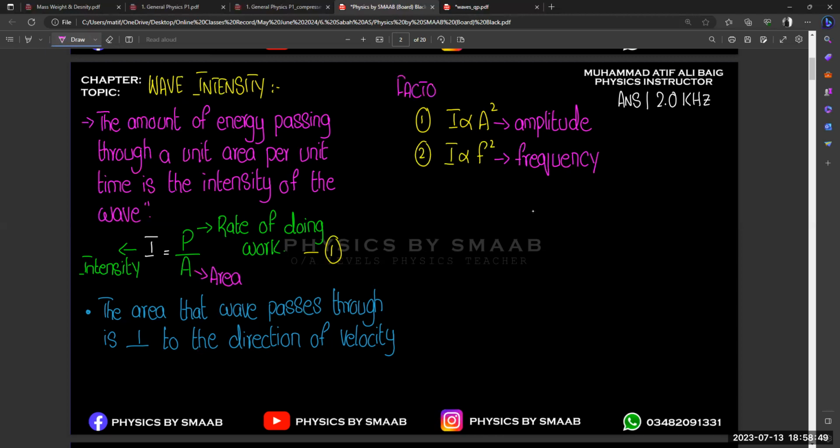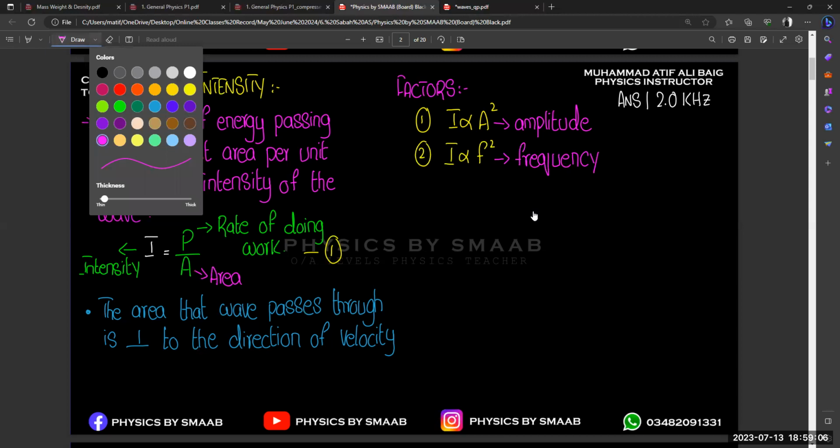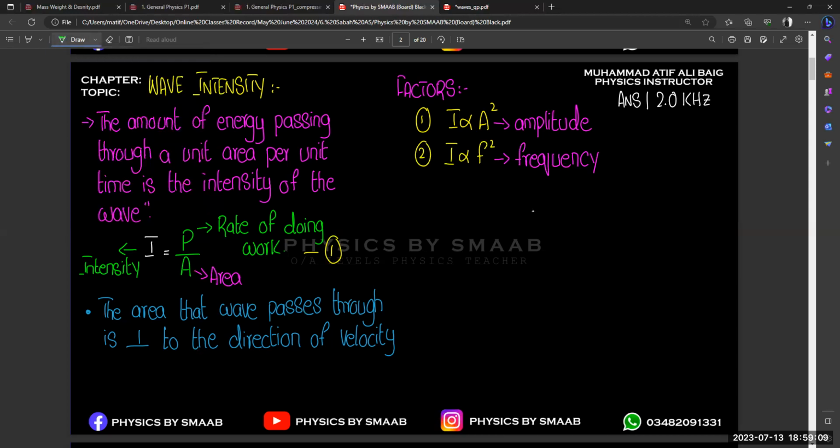So identify them when we talk about the factors: the amplitude is one, and the specific basic definition relates to the area. Intensity is directly proportional to the square of frequency and amplitude, so you may write this yourself. Let's suppose if we increase the frequency or amplitude 2 times, the intensity will increase by 4 times.